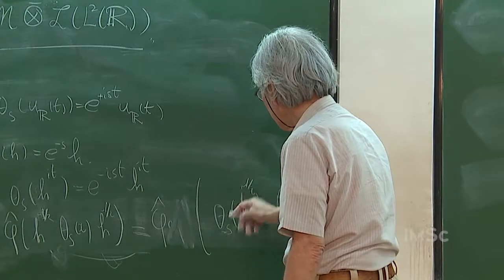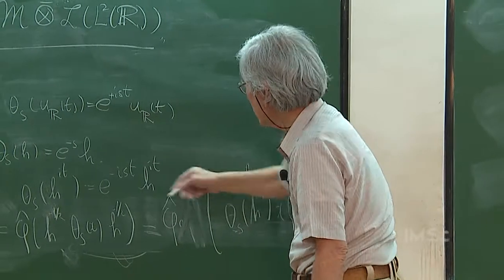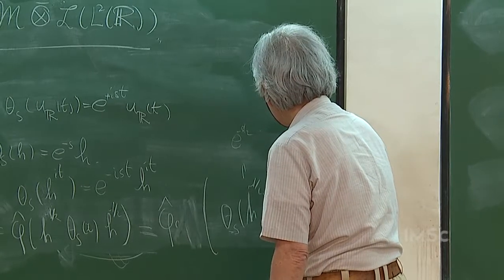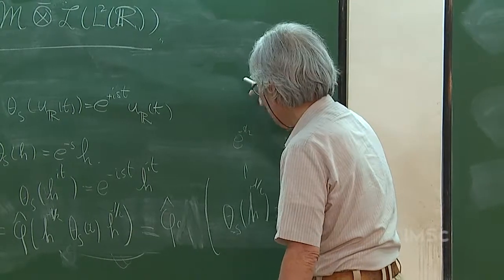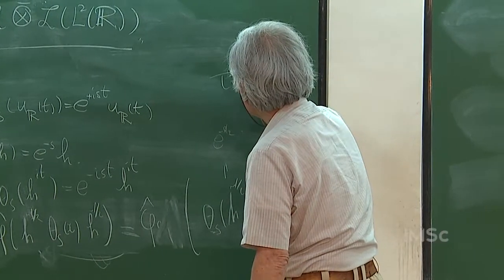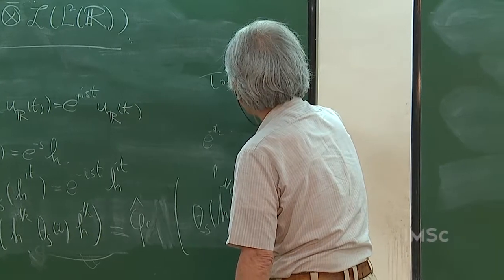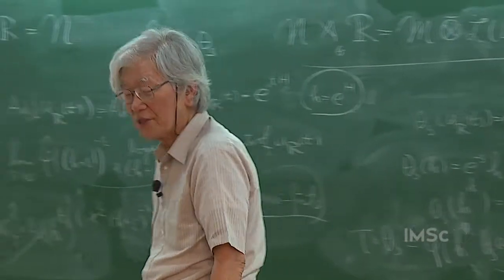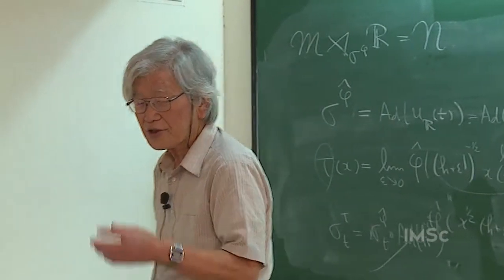And the minus gives me the original e to the minus S, so together tau circle theta S is e to the minus S tau.